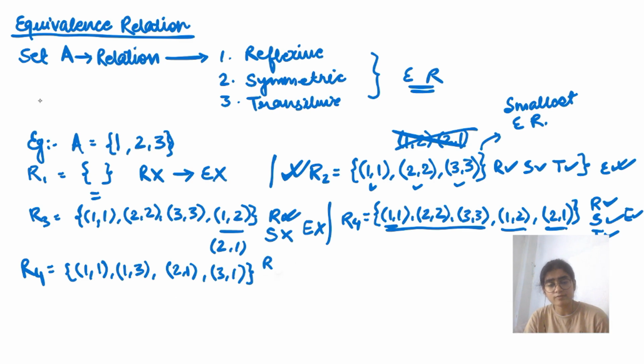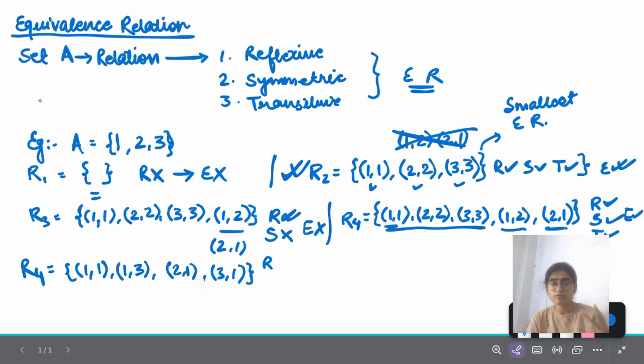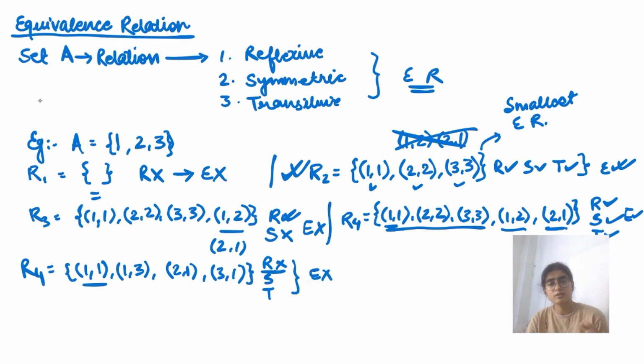Is it reflexive? For reflexive we should have (1, 1), (2, 2), and (3, 3). So there is (1, 1), and there is no (2, 2) and no (3, 3). So this is not reflexive, and now we don't need to check symmetric and transitive. We can say from looking at this one that it is not an equivalence relation. So this is the example.